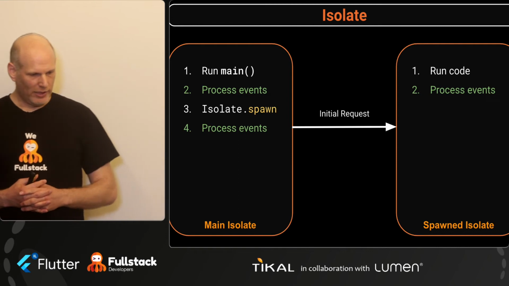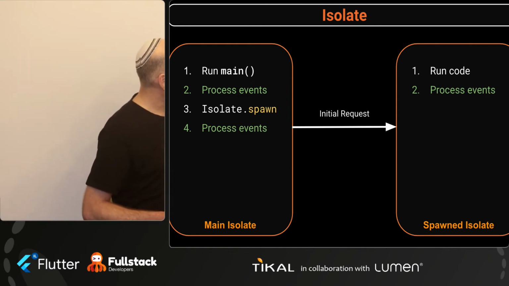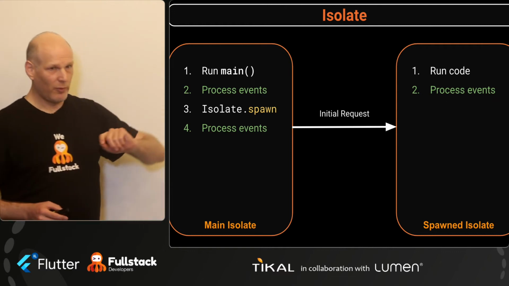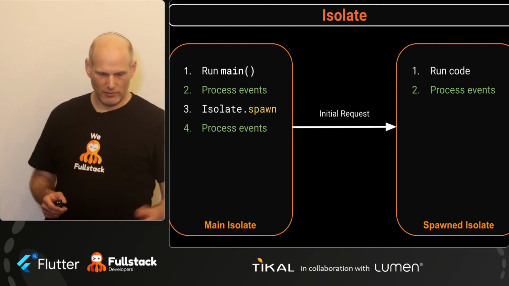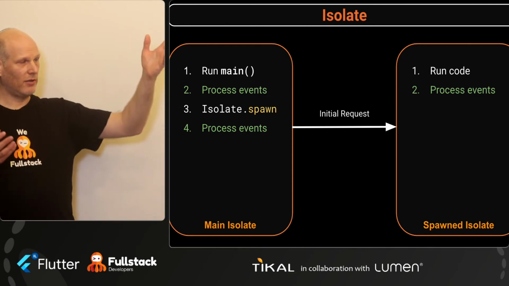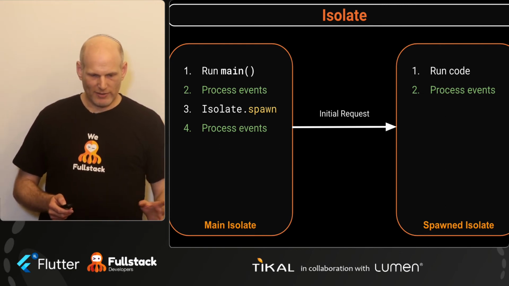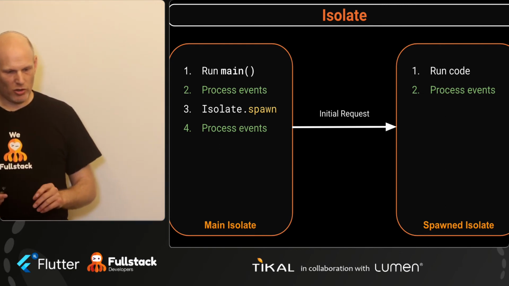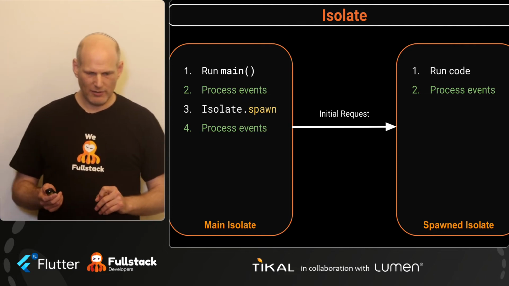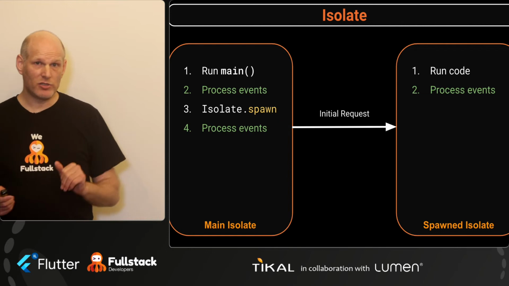So if we now have an Isolate.spawn, we spawn the isolate, and we pass it some initial argument, which says, when you happen to run this code, here's how I want you to behave. The initial request is the function argument when it's created, and you don't have to pass an initial request.